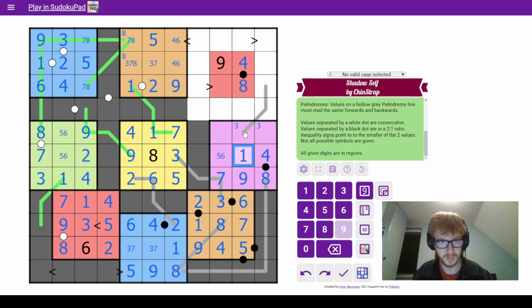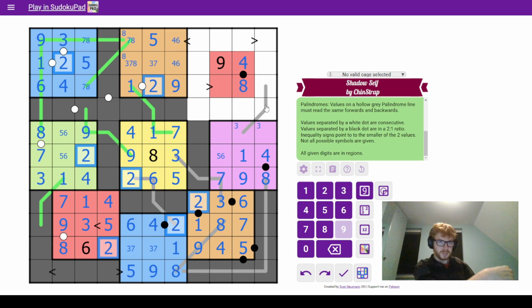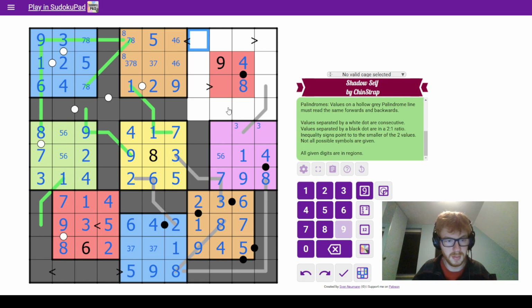1, 2, 2 and 3. So either one of these is 3. I need 2 and 3 in here as well. 2s. That can be a 7 and be out. Well, maybe the better question is, can that be in?